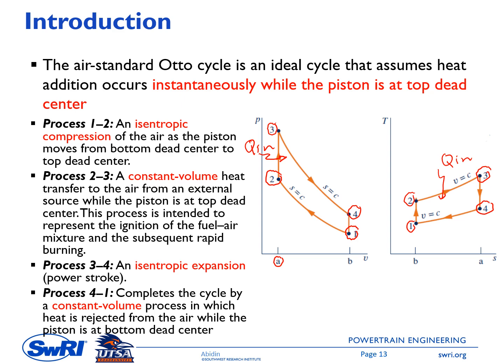Okay, and then the last process is a constant volume process in which heat is rejected from the air while the piston is at bottom dead center. So the piston is at point B here. The process line here is the line connecting point 4 to point 1. It is a straight vertical line in the PV diagram, so it means V4 equals V1.